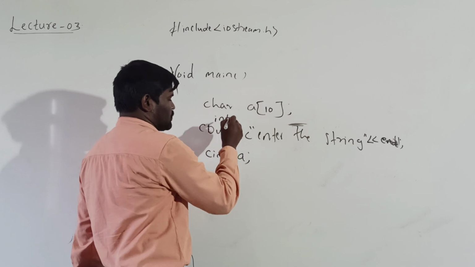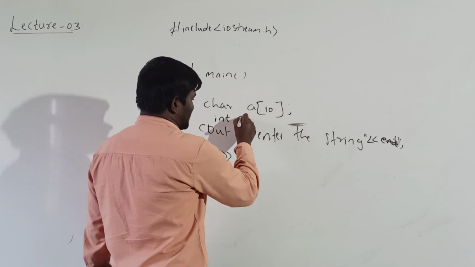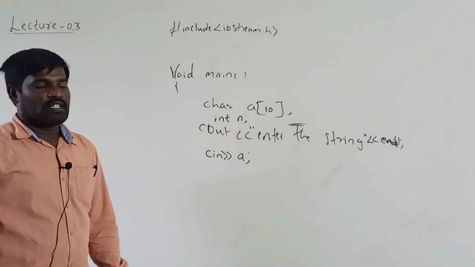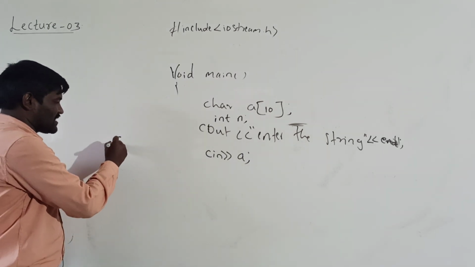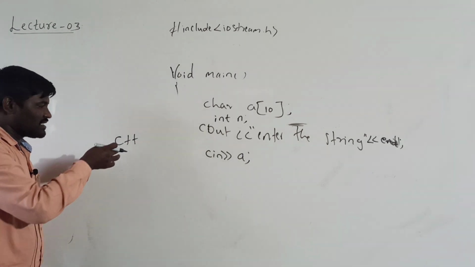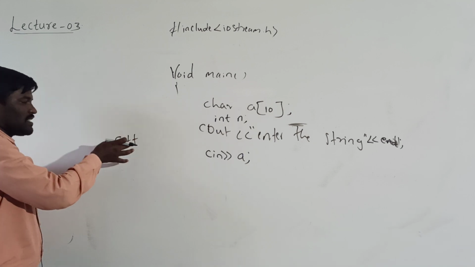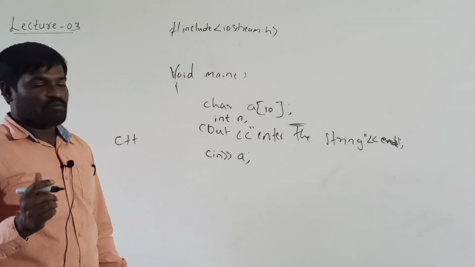The result must be an integer, so I write int n. If I give the input C++, the number of characters in the given string is 3: 1, 2, 3.